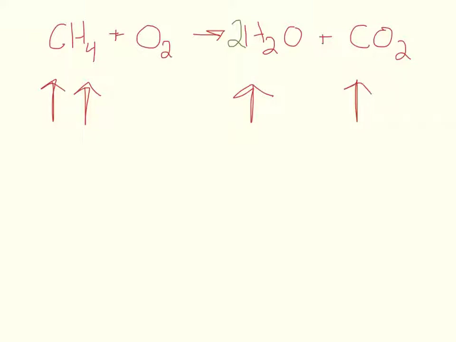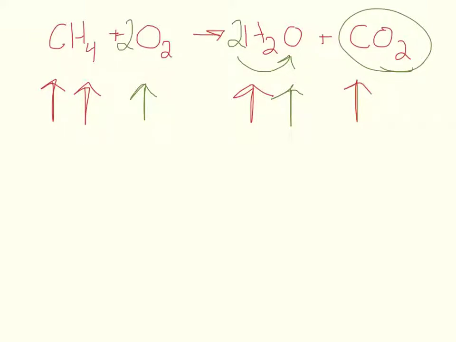And now it's time to add up all our oxygens. We have 2 oxygens here. However, we have 2 oxygens over here because of the 2, and 2 oxygens here. So we're going to have to put a 2 in front of the O2, and now we have 4 oxygens on both sides.